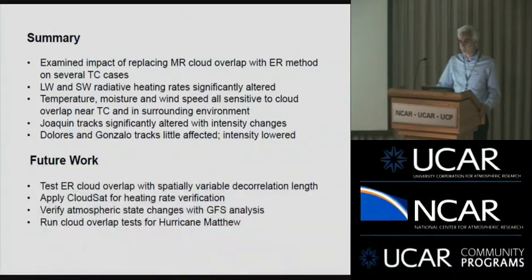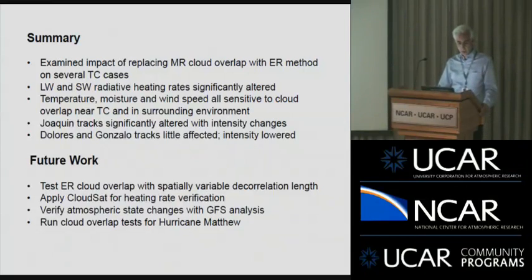And thus, we're setting the stage for moving the track around, at least in some circumstances. And Joaquin was one of those cases where the track was significantly altered simply by changing the overlap method, with some intensity changes as it varied by cycle, with much less of an impact in Dolores and Gonzalo, which were forecast well to begin with.